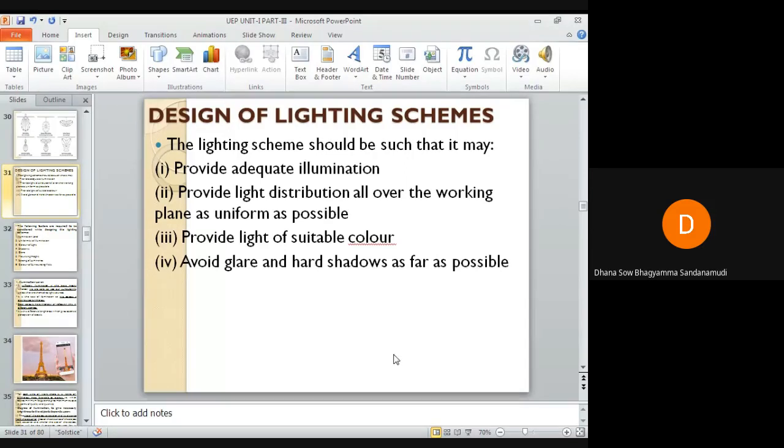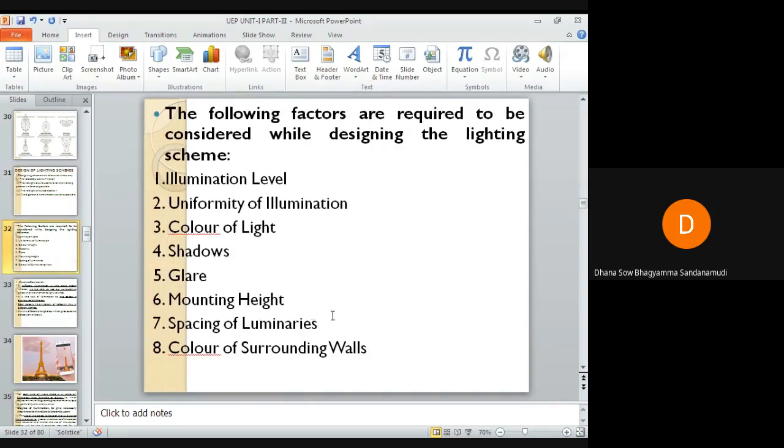They should provide a suitable color. The light whatever I am using should provide a suitable color. It should avoid glare and it should avoid shadows. If all these conditions are fulfilled, then it is good lighting.